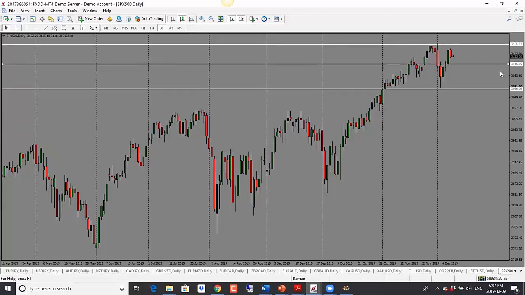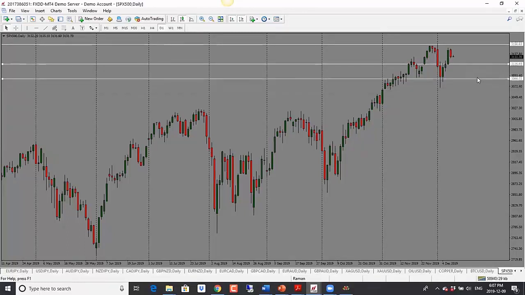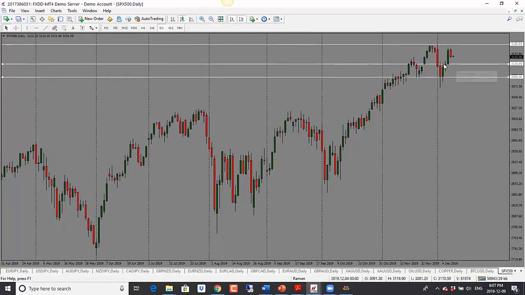So looking at 3116, that's the first target into the base of this candle here. And should price drop further, second target here would be 3090. So if it goes through 3120, then I'm looking at 3090 as the second target. So bias is bearish for S&P 500.